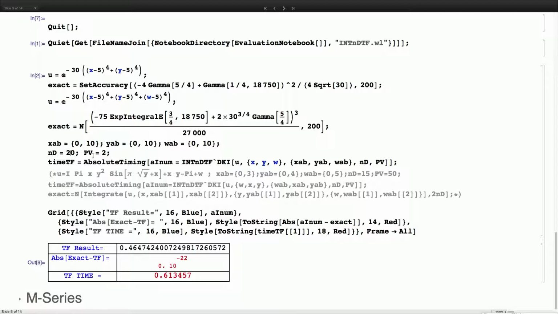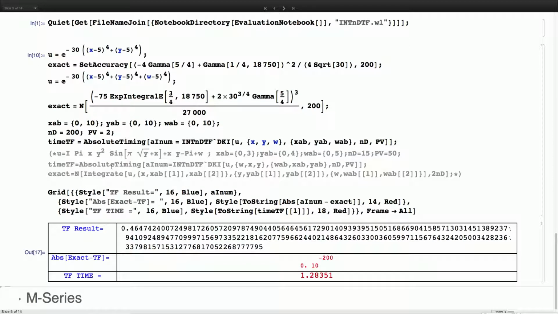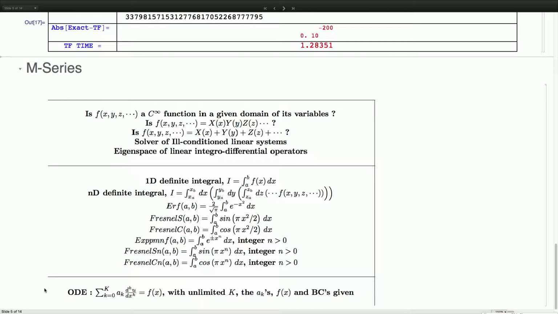You ask for 200 digits of accuracy, and you have it in 1.3 seconds. And this is unlimited. You can do whatever you want, you can just keep increasing. And in this M series, as we like to call it, we have this C infinite. And as you saw, this factorization.